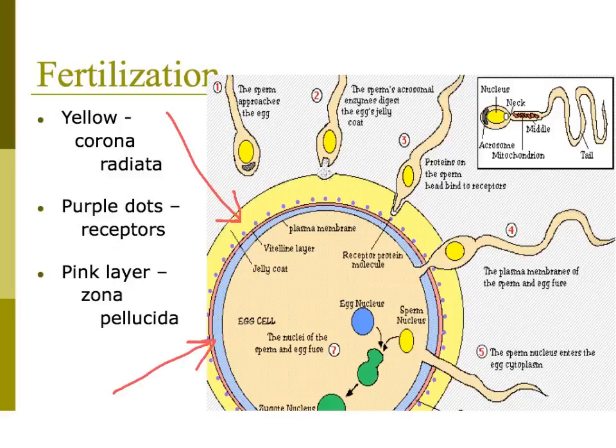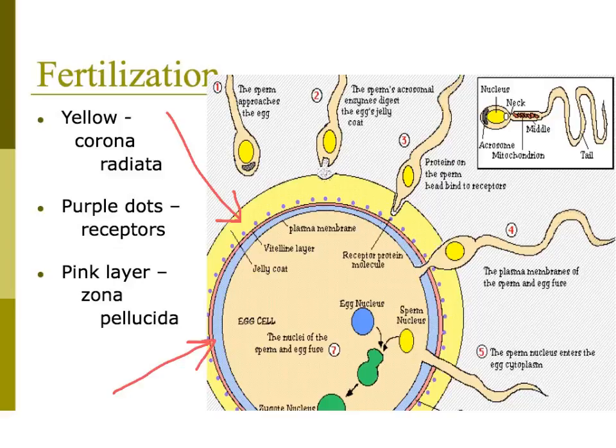Remember, at the very tip of the head of the sperm, we have the acrosome. And that acrosome is filled with hydrolytic enzymes, and those enzymes are actually going to break down the barriers that are around the egg.